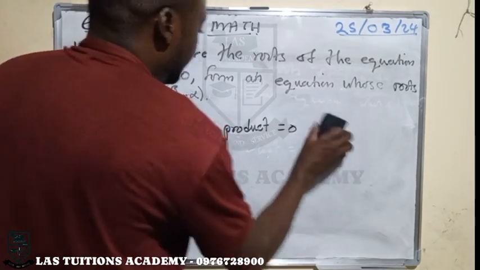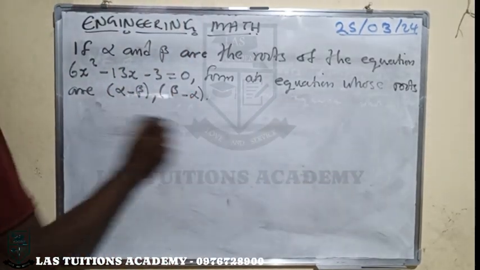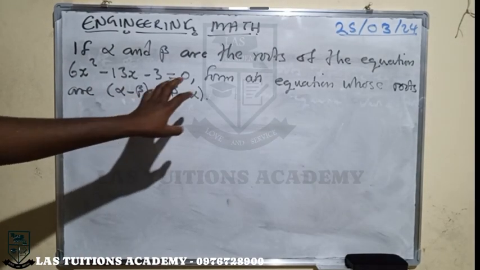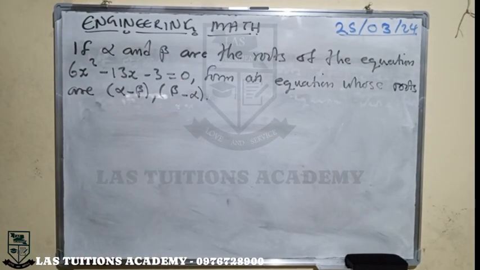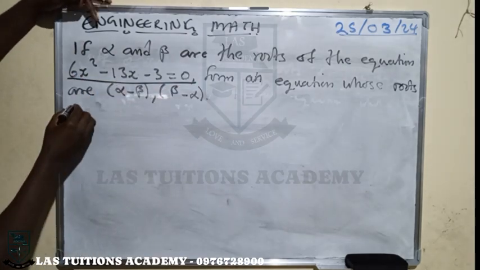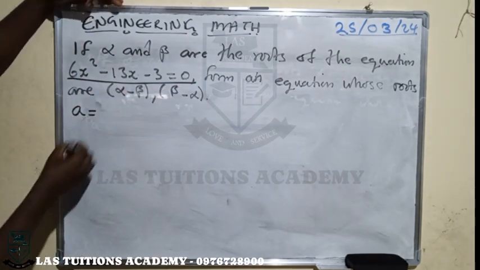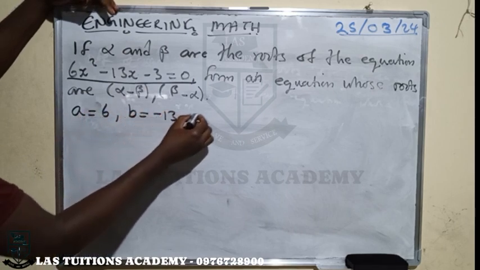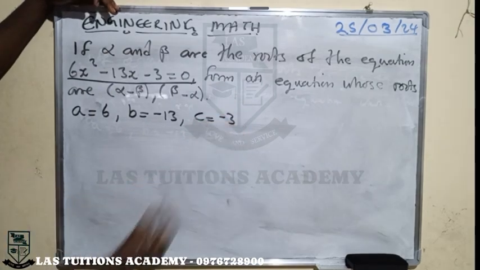Okay, so we need to form an equation which has the roots alpha minus beta and beta minus alpha. So you come to the given equation first thing first. You need to know your A is 6, your B is negative 13, your C is negative 3. Then you need to know the sum of the roots.